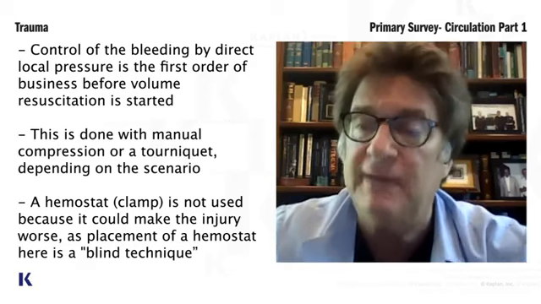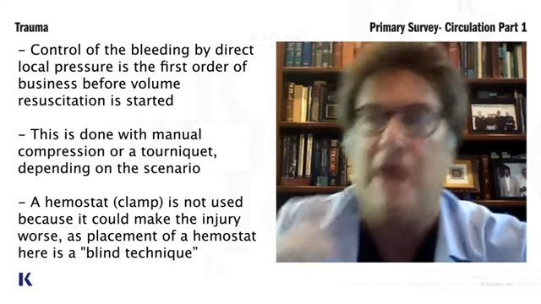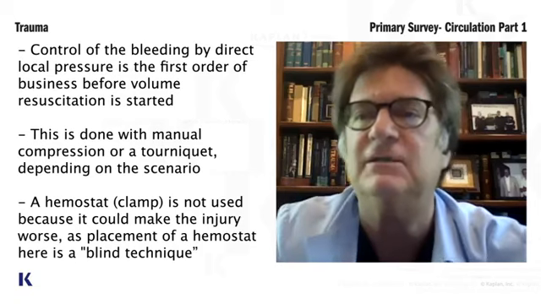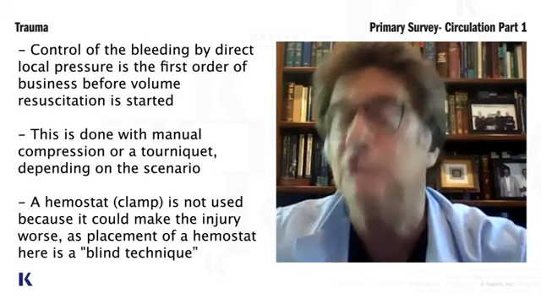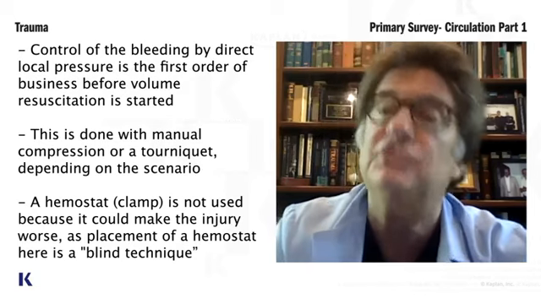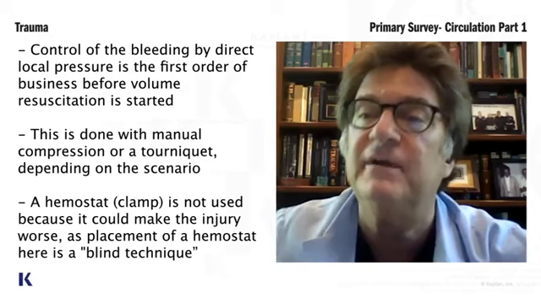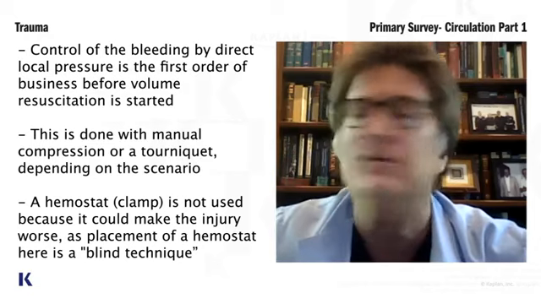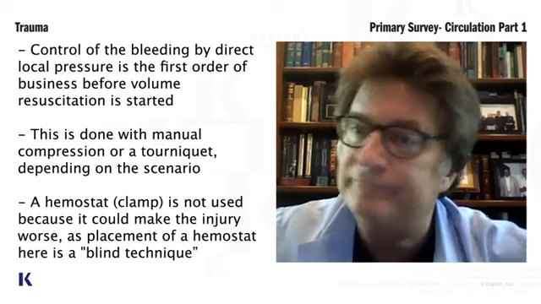And sometimes you will actually go to the operating room while your finger is on this, and they will prep around your finger until they get control of the blood vessel. So you use your finger. You do not ever blindly put a clamp, a hemostat, in the wound.